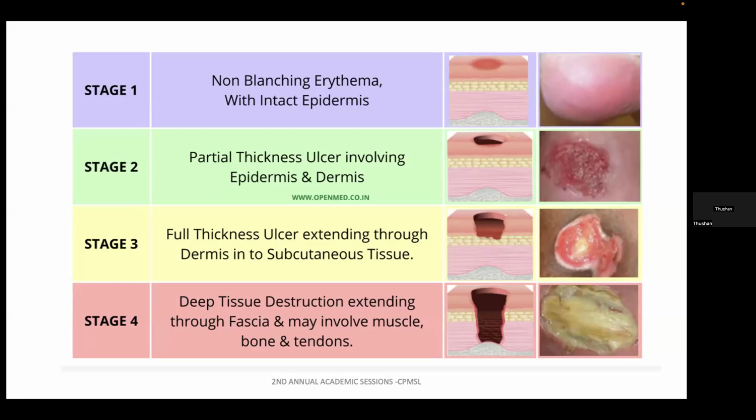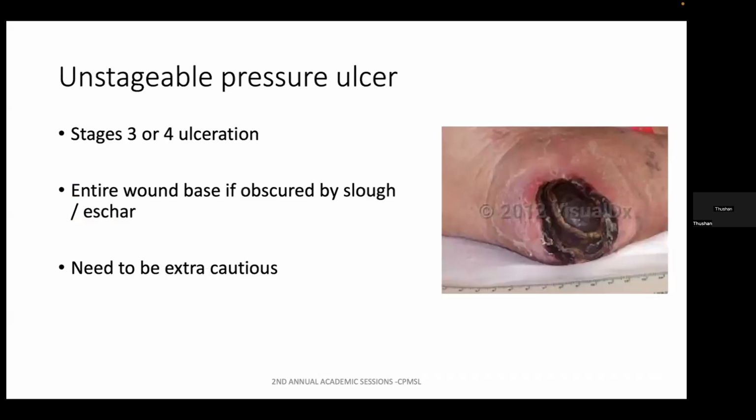And then you know this is an at-risk spot. If you leave it alone for a long time, you're going to end up damaging the epidermis and involving the dermis. Then it's like a partial thickness burn essentially, and you have an ulcer therefore. If you're seeing fat, the yellow-colored fat in the base of the ulcer, then you've gone through to a stage 3 disease. If you're seeing tendons, fascia, muscles, joints, bones, then it's a stage 4 ulcer.